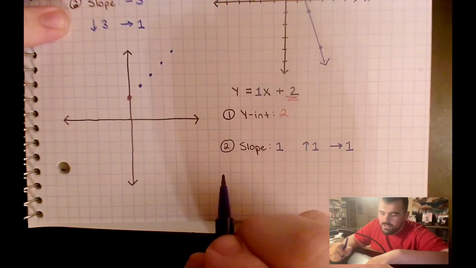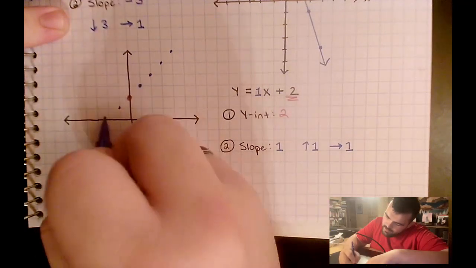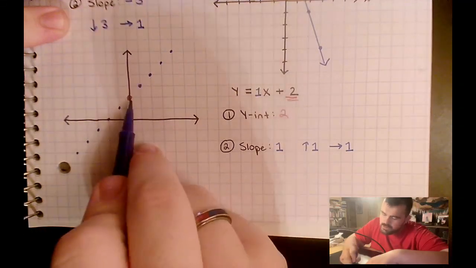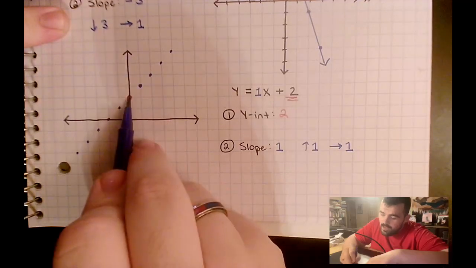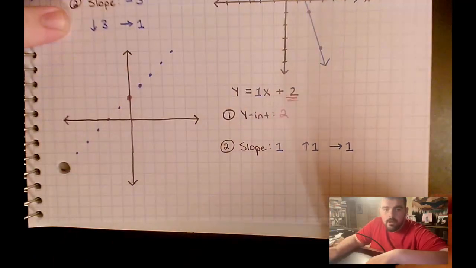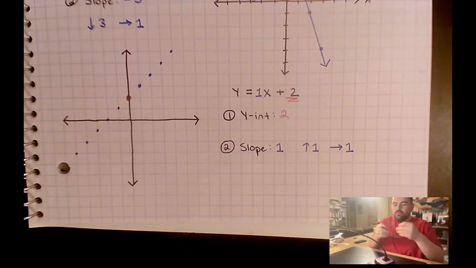Now, we can also pick up a lot more points if we go down and to the left at the same angle. So starting at the y-intercept, go up 1 over 1, up 1 over 1, and go down 1 and back 1, down 1 and back 1, down 1 and back 1. Oops. And I just dropped my protractor there.